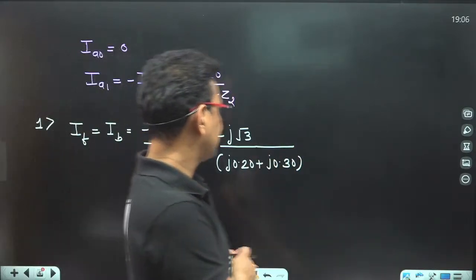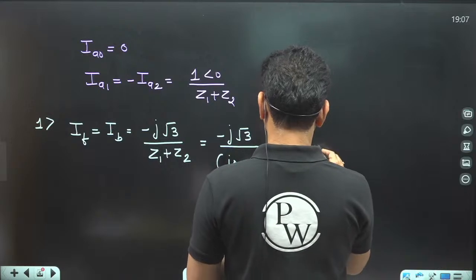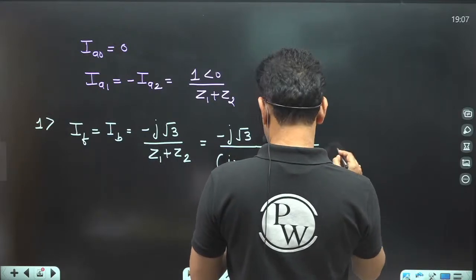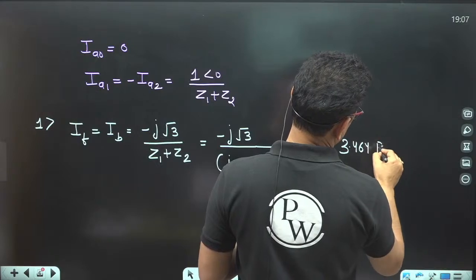Now what will you get? Root 3 divided by 0.5 is 3.464 in magnitude, that is 3.464 pu.